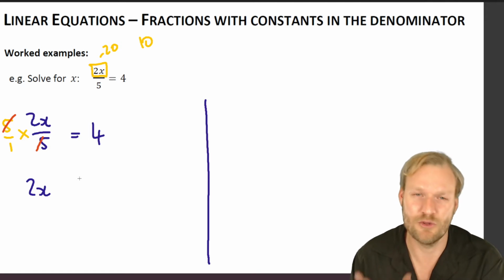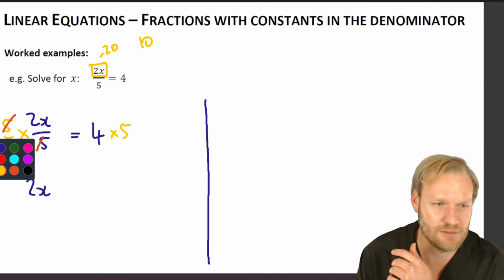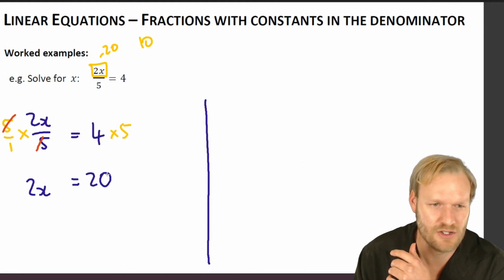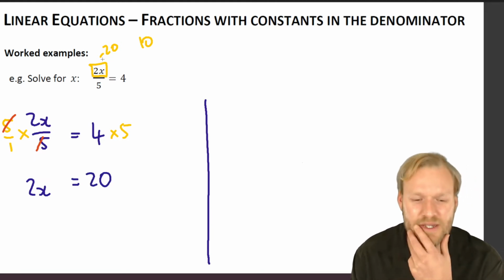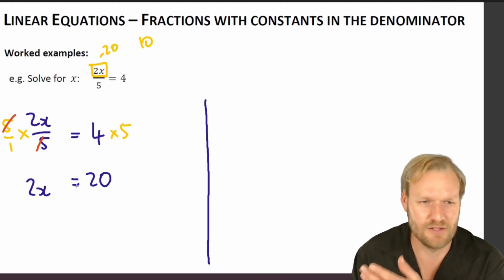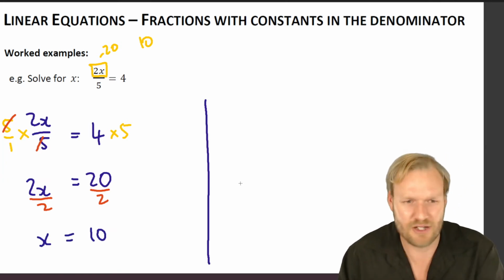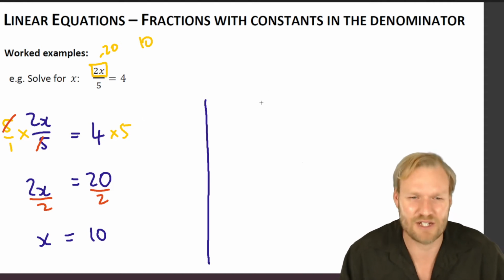And then, of course, what you do to one side, you do to the other. So multiplied by 5, 2x equals 20, which matches our idea at the beginning, right? That top must be 20. Okay, and then 2 times what gives you 20, or divide both sides of the equation by 2, and x equals 10. So that would be one way, x equals 10, which matches our thinking.